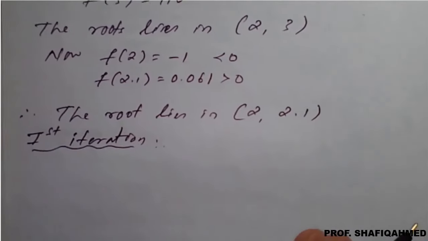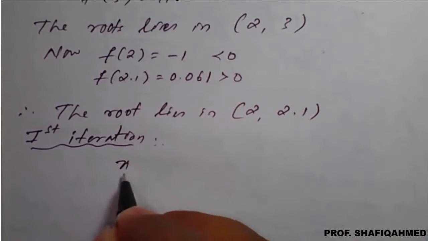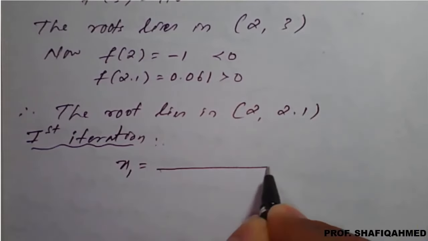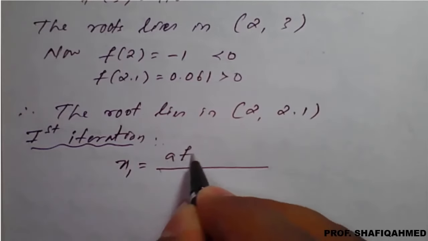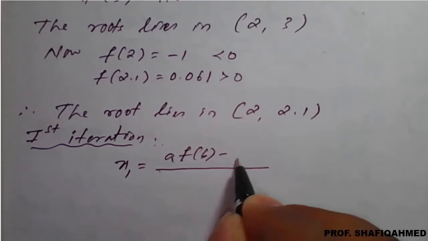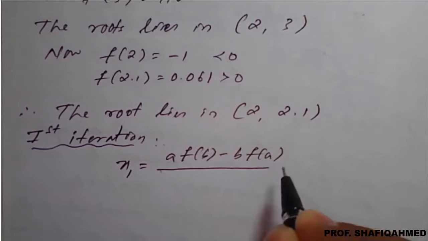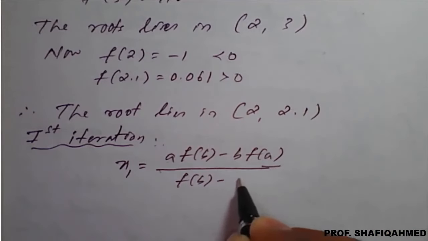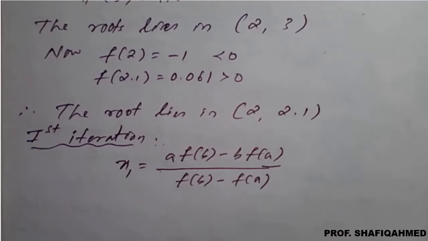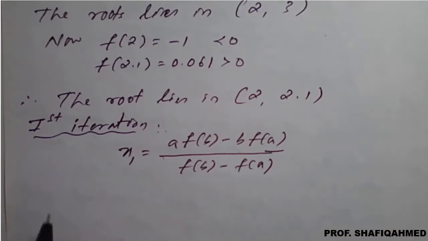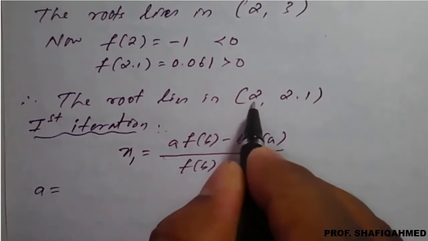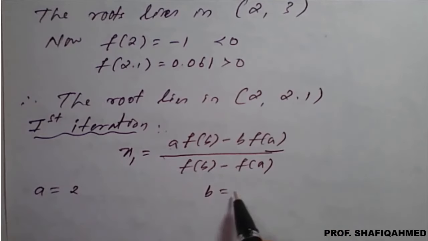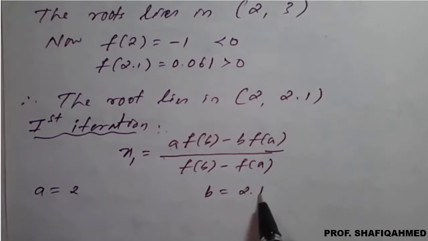So for the first iteration, the formula is x1 is equal to a into f of b minus b into f of a, divided by f of b minus f of a. So here we'll collect the data. So a value is 2, b value is 2.1.